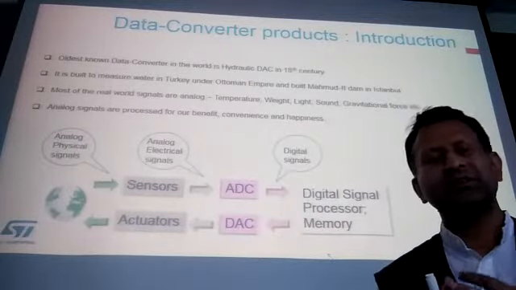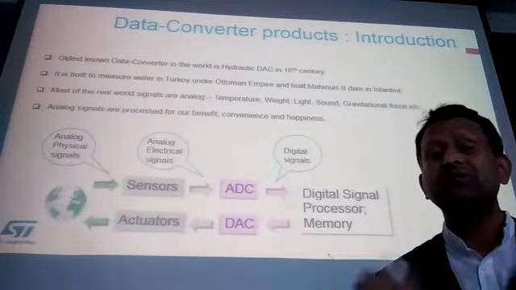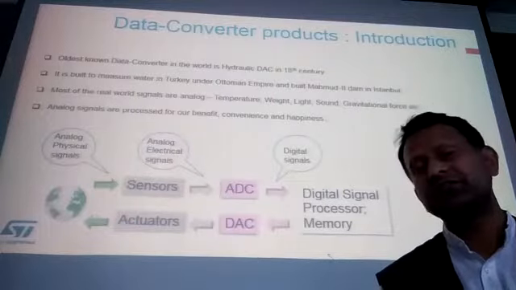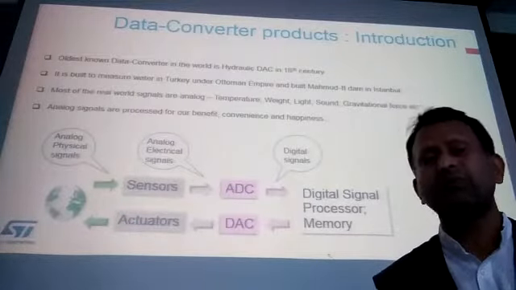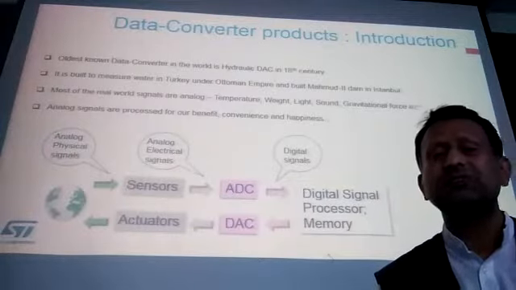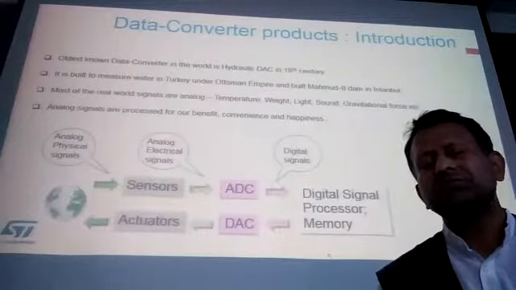Why do we need data converters? These data converters, as you see in this flow graph, are used for our convenience, happiness, or for our benefit. We know this world is analog.